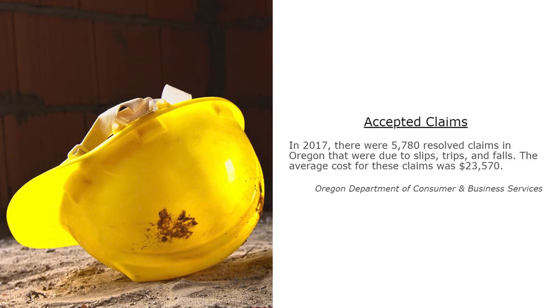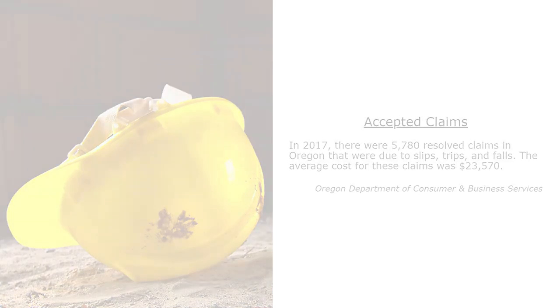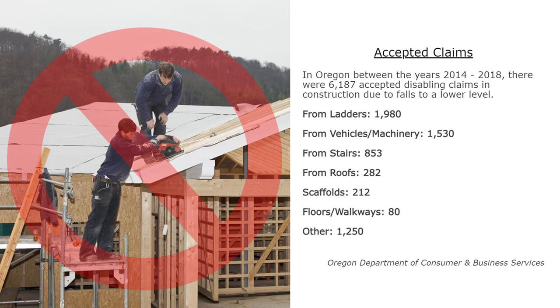In 2017, there were 5,780 resolved claims in Oregon that were due to slips, trips, and falls. The average cost for these claims was $23,570. Source: Oregon Department of Consumer and Business Services.